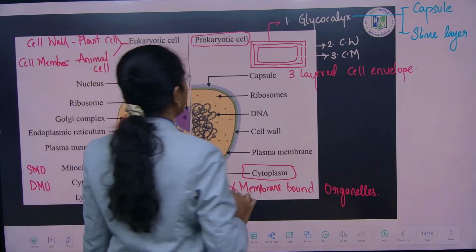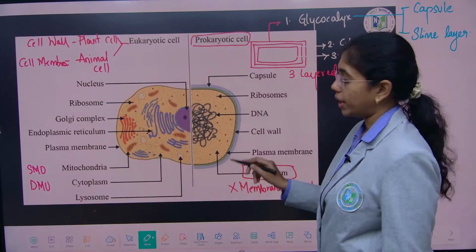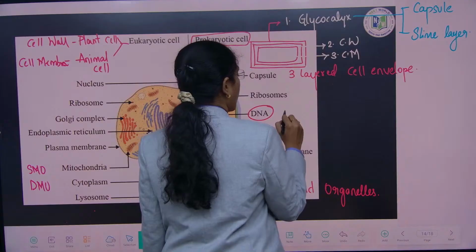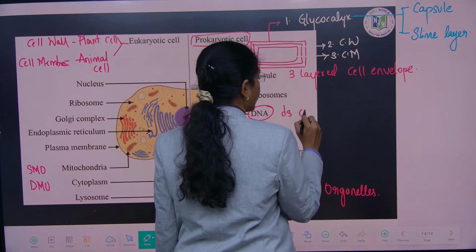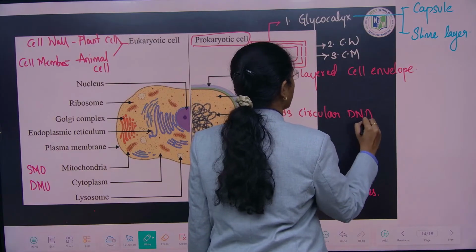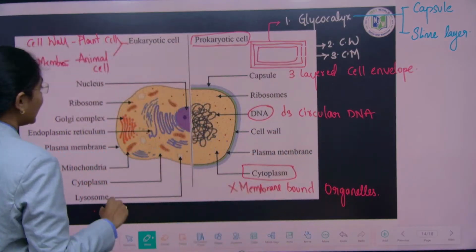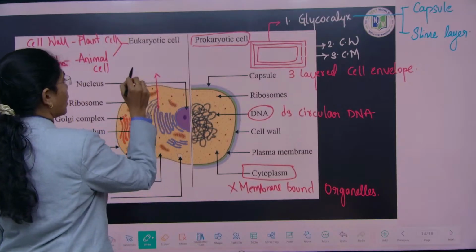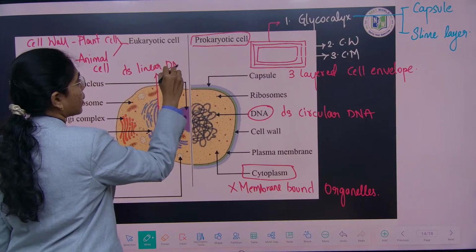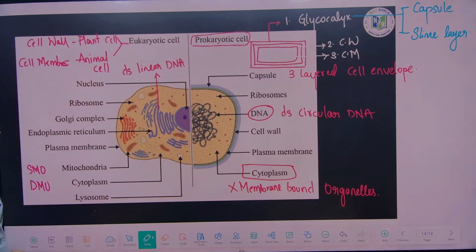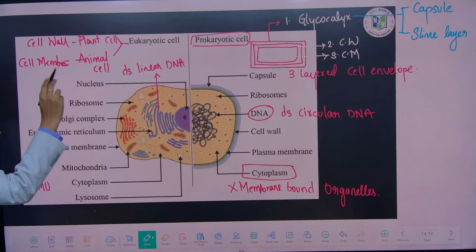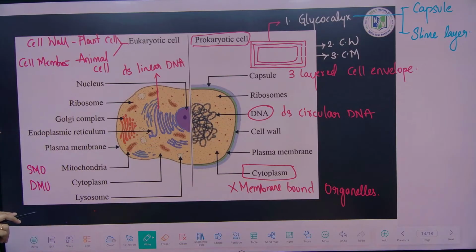And then when it comes to genetic material, DNA is mostly double stranded circular DNA in a prokaryotic cell, double stranded linear DNA in eukaryotic cell. Fine, right? Membrane bound organelles are present in the eukaryotic cell.